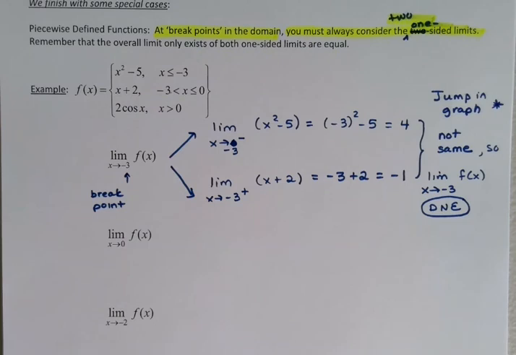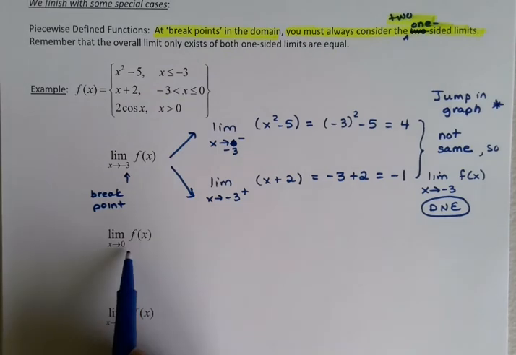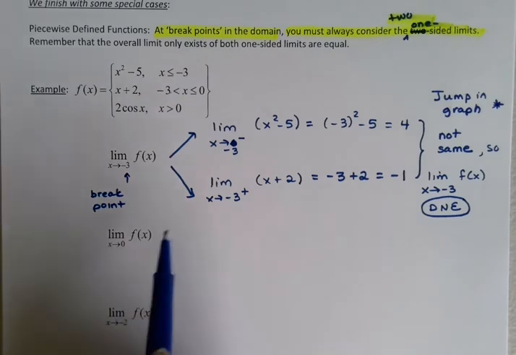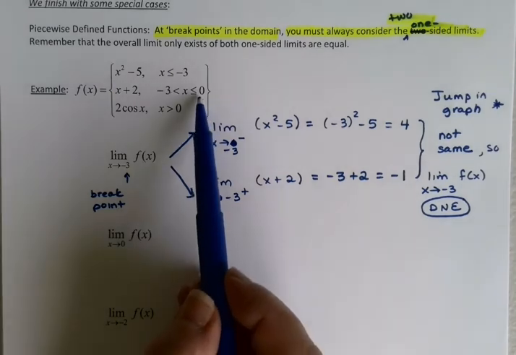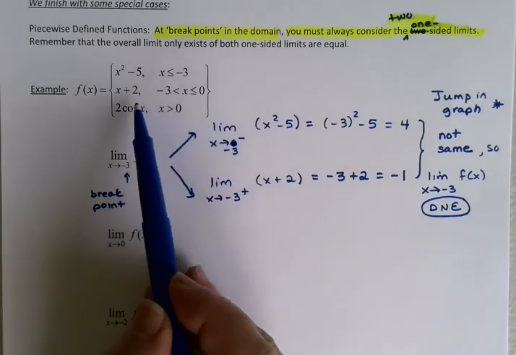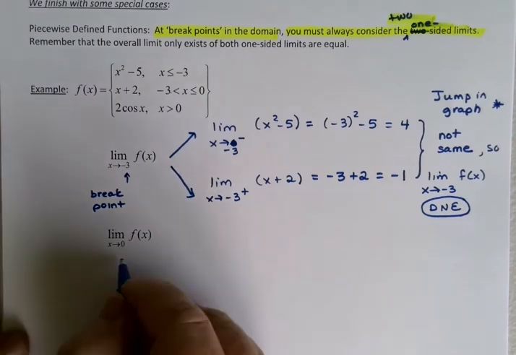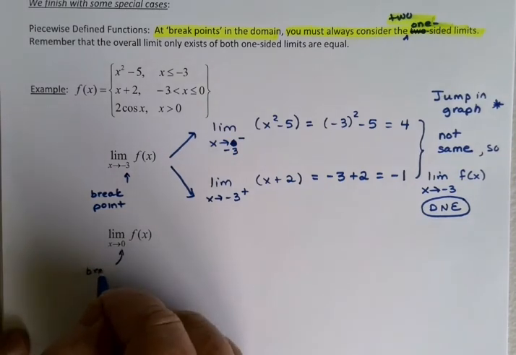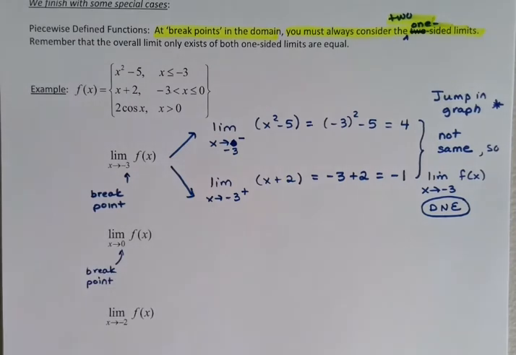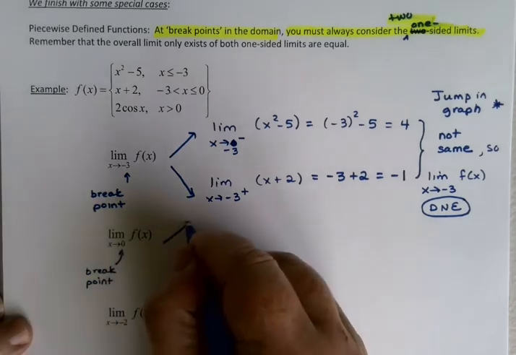All right, let's try that same idea, approaching 0. Once again, notice that 0 is again a breakpoint in the domain. We change our expression at x equals 0. So that means I will once again have to consider the two one-sided limits.